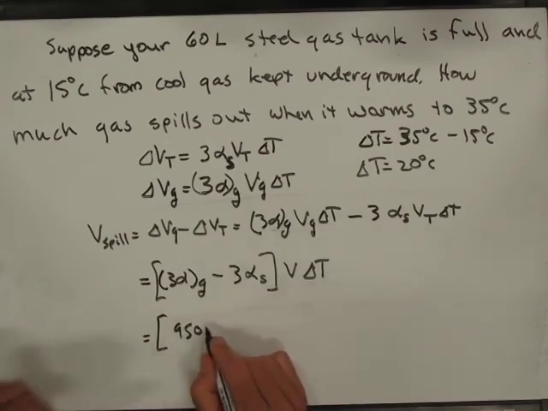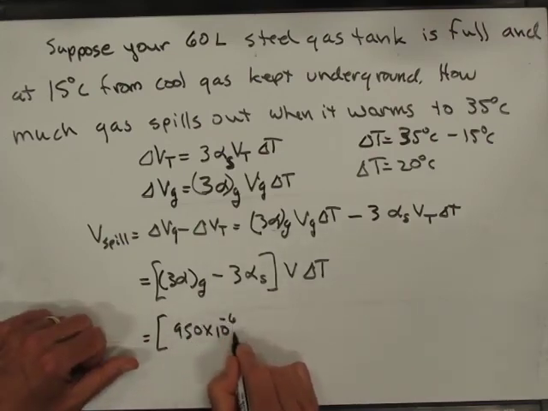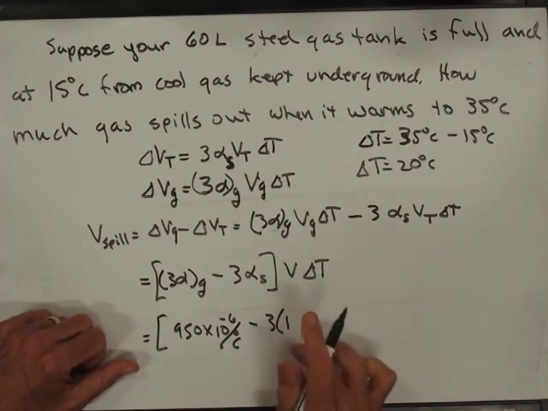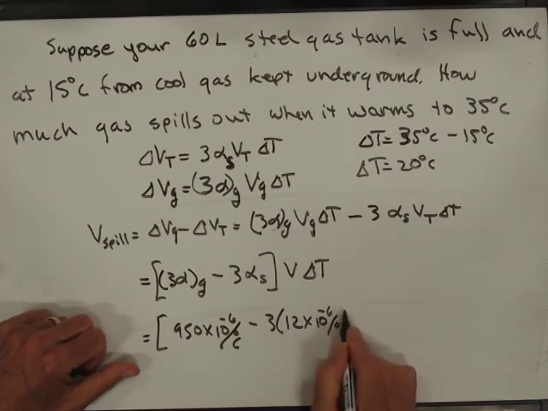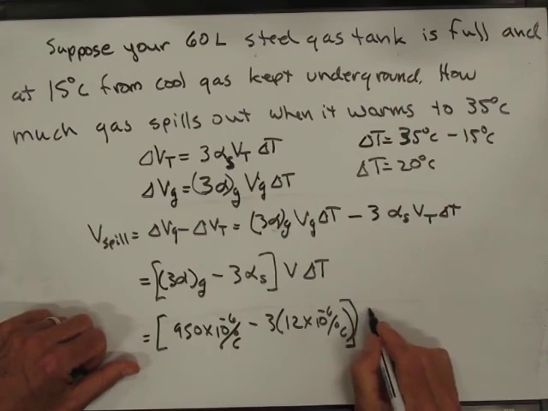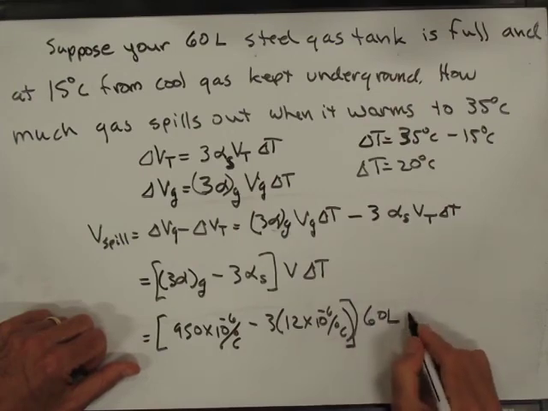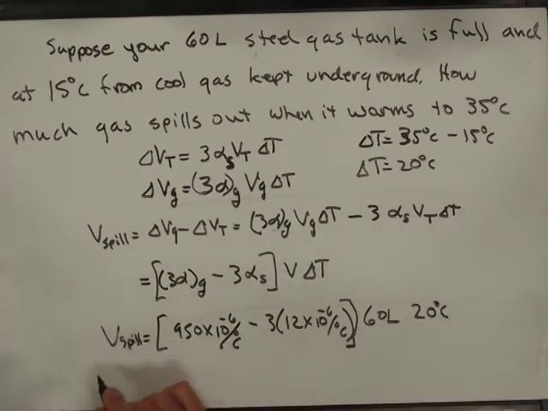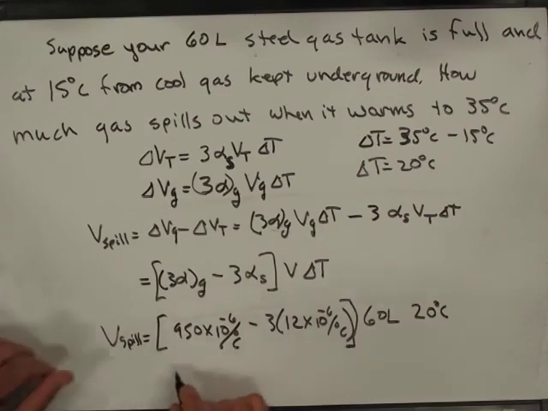And so this is 950 times 10 to the minus 6 per degree C, minus 3 times 12 times 10 to the minus 6 per degree C, times 60 liters times 20 degrees C. When I evaluate that, I get about 1.1 liters.